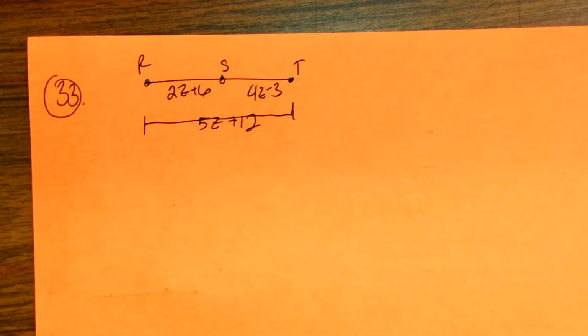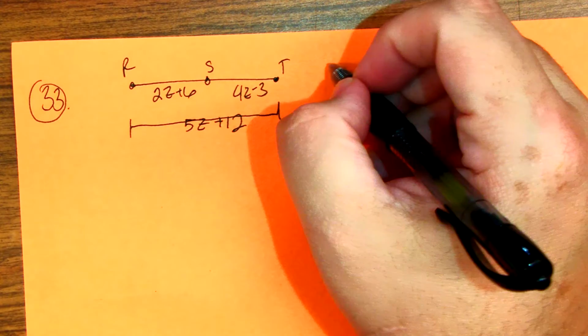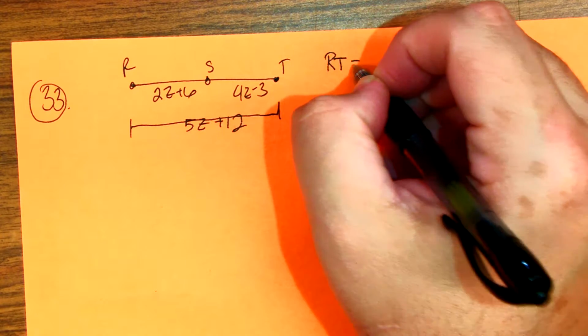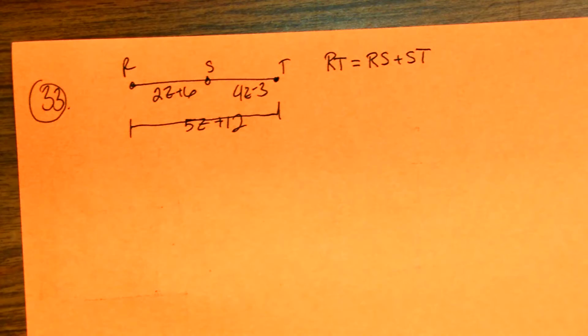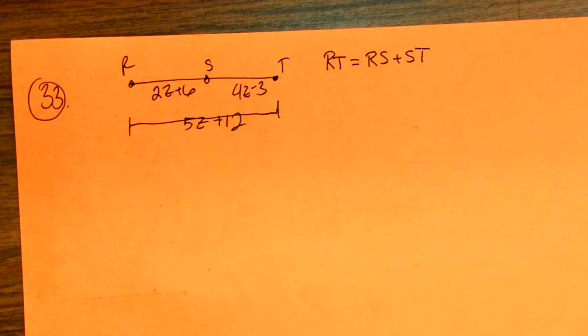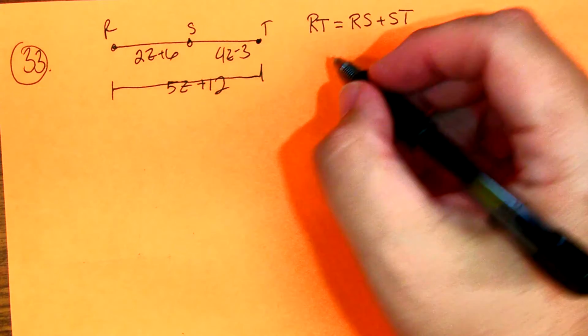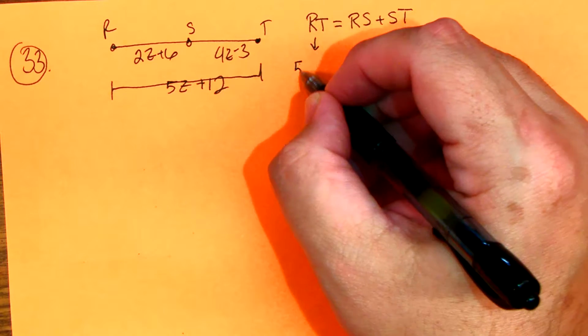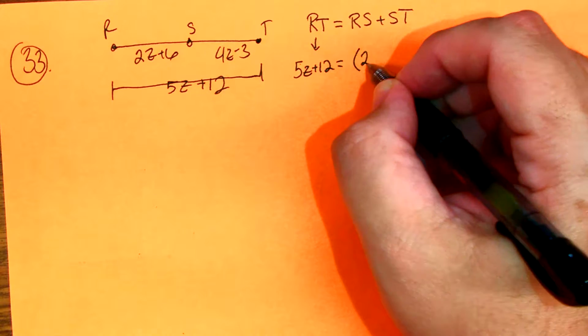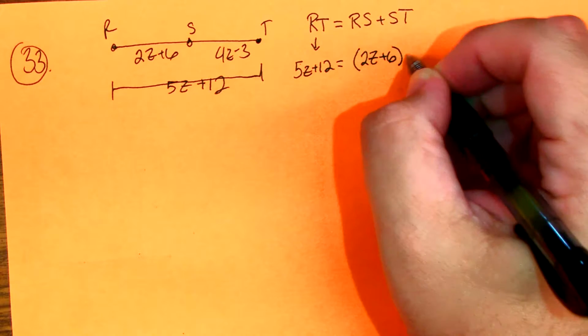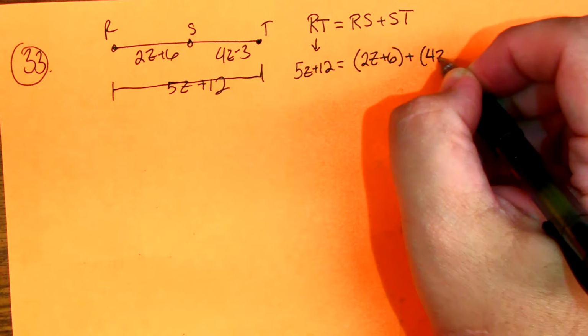Now, I told you that I wanted you to say that RT is equal to RS plus ST. I want you to write the first step of the segment addition postulate every single time, and then I want you to substitute stuff in. 5Z plus 12 is equal to 2Z plus 6 plus 4Z minus 3.